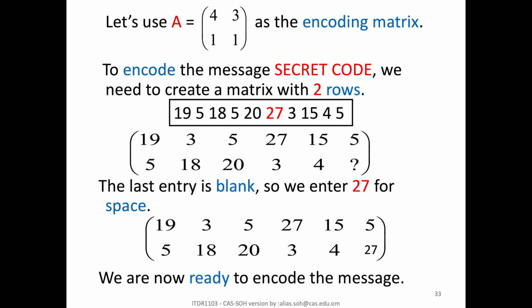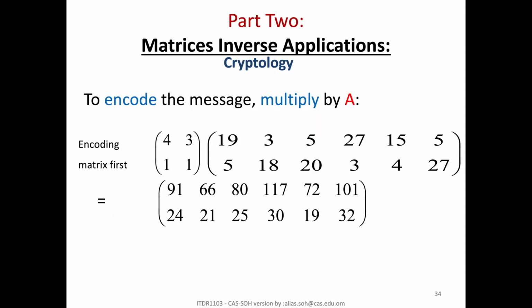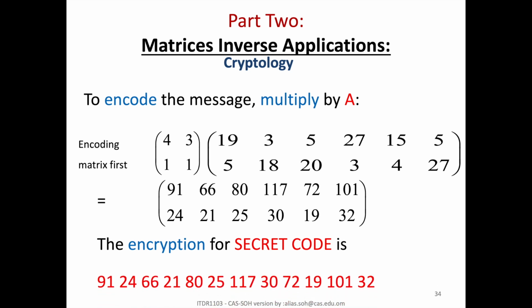Now we are ready to encode this message. To do so, we just multiply the matrix by the code matrix that we created. Then we got the encryption of a secret code, which is 91, 24, 66, 21, 80, 25, 117, 30, 72, 90, 101, and 32.